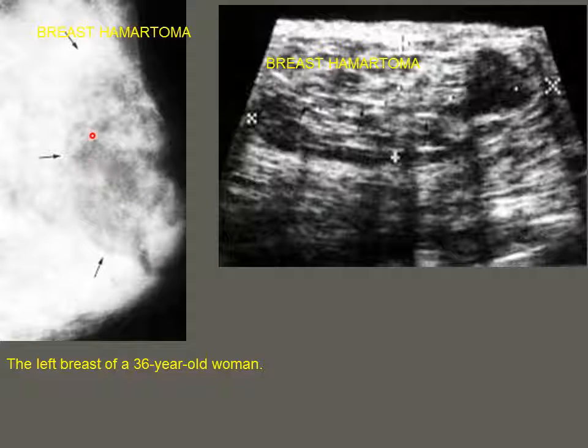Left breast of a 36-year-old woman, MLO demonstrates that the fibroglandular component of the tumor is almost equivalent to the fat component. Pseudocapsule also present. The tumor has no interval change with 5 years follow-up.